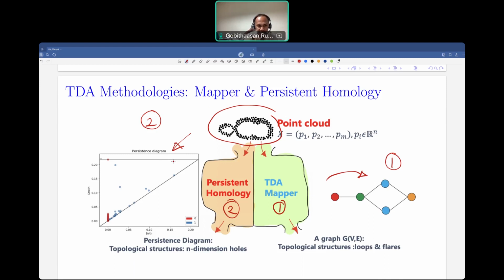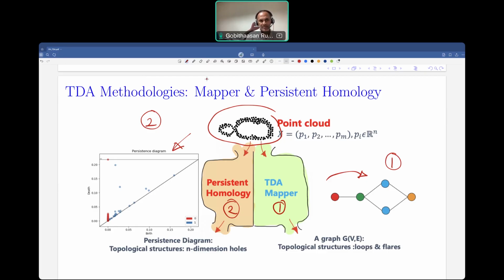Remember, shape information of the point cloud is represented as a persistence diagram, and then we can vectorize the persistence diagram and use it as a feature vector for machine learning purposes. Okay, so we will look at it in detail.